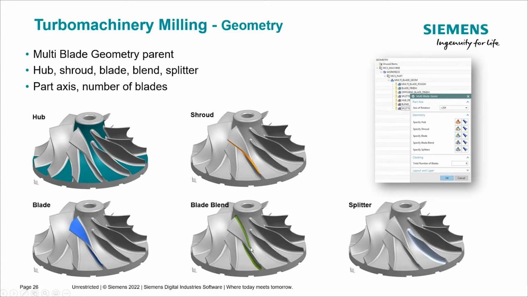That's a blend radius it'll put. And then it'll handle splitters, and you can do multiple sets of splitters. A lot of impellers will have shorter blades in between your main blades, and those are referred to as splitters. And so when we define the geometry, you go in and tell it the splitters, and you can set multiple sets if needed.